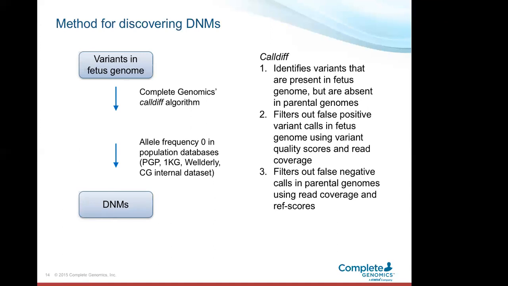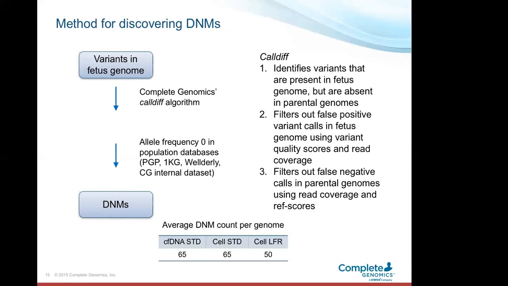And also to filter out false negative calls in the parental genomes, read coverage and confidence score of reference calls are used as well. The resulting variants are then filtered against population databases such as Personal Genome Project, 1000 Genomes Project, Wellderly Project, and an internal database we maintain at Complete Genomics to further remove potential false negative calls in the parental genomes.